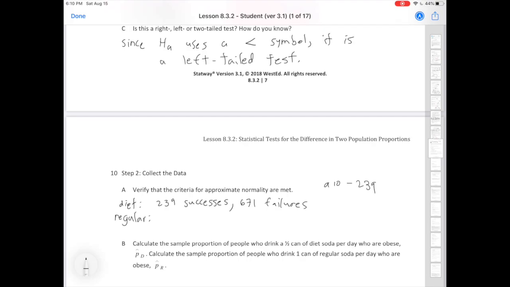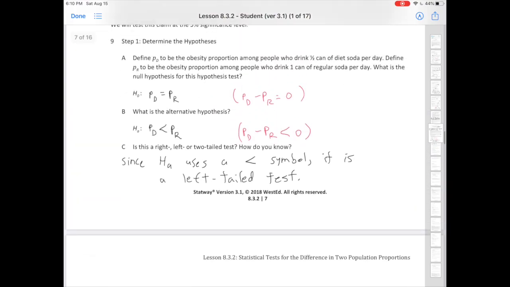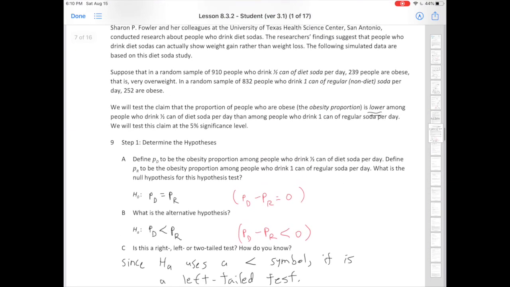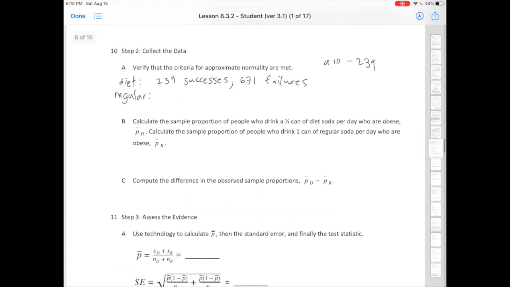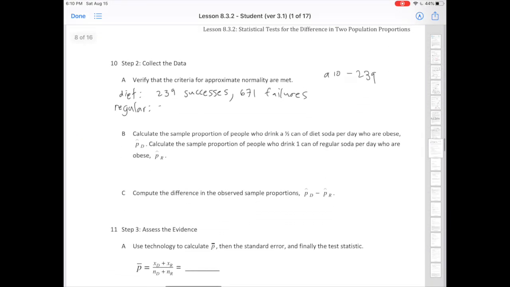So for people that drink regular soda, it says 252 out of 832. So what's 832 minus 252? 832 minus 252 is 580 failures.